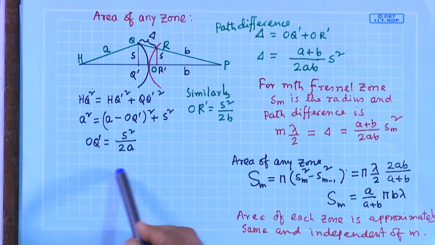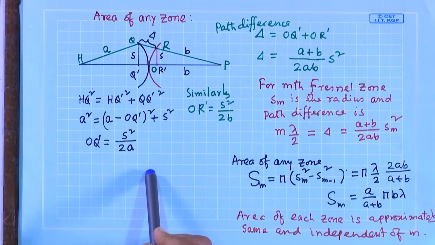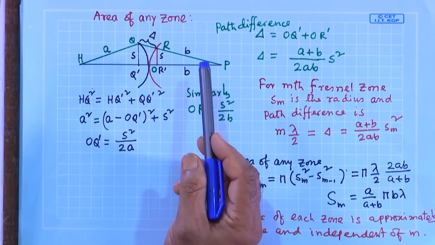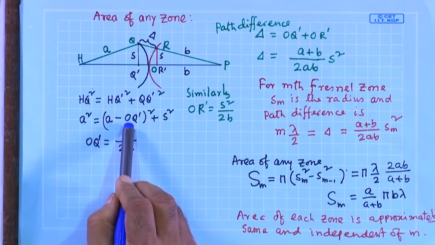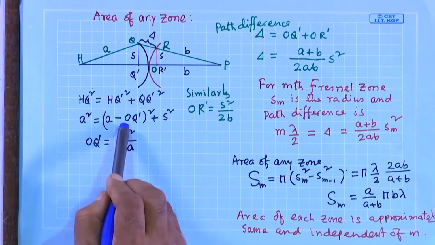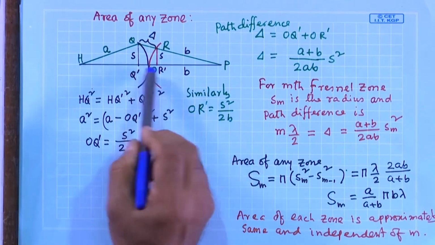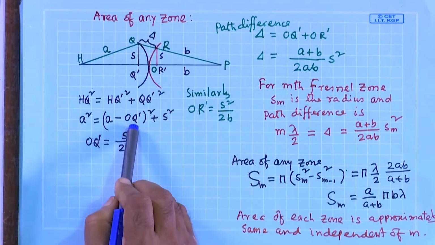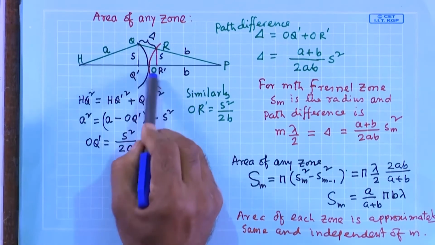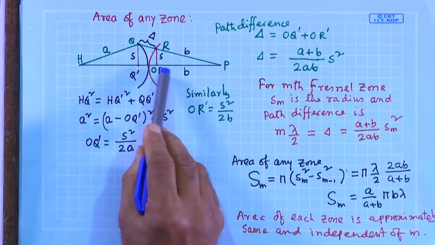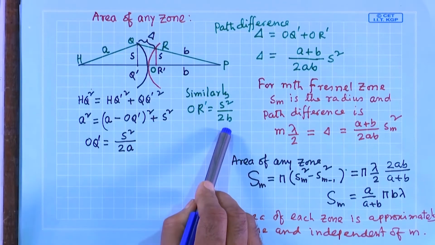The approximation we have taken is that OQ is very small compared to A and B. Similarly for the other part you will get OR dash equal to S square by 2B.